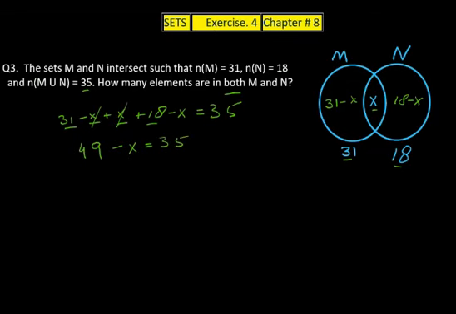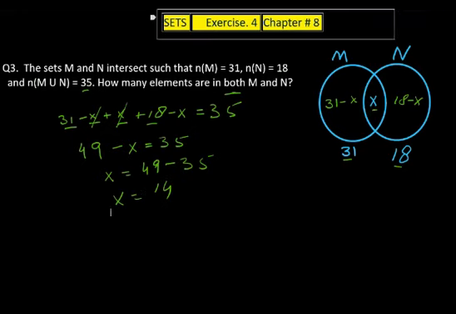And if you take x to that side, you will have x equals 49 minus 35, and you are left with 14. So it means that 14 elements are common between set m and n.